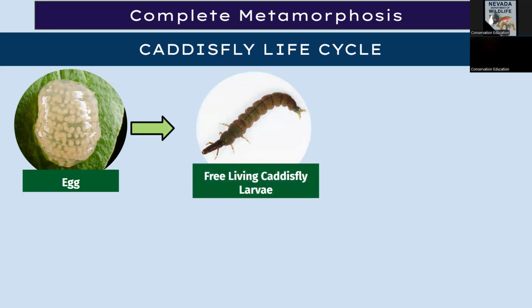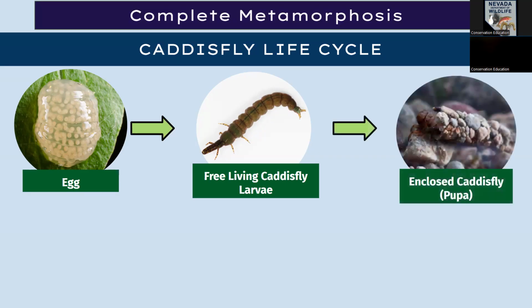And then they are going to hatch, and we're going to go into that larva stage. So you can see here a picture, kind of ugly, but this is very vulnerable to predation. A trout would definitely eat this. So this is going to be for about a month to a full year, and they're going to be consuming all that food to get ready for their next phase of life.